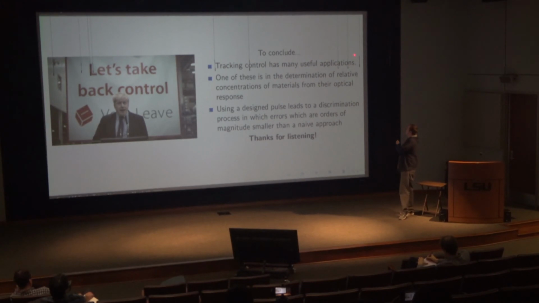There are other uses, this is just one. And what we found is that, although this is still a work in progress, if we use a designed pulse to discriminate between species, the errors that we get are orders of magnitude smaller than just using a simple, dumb pulse.